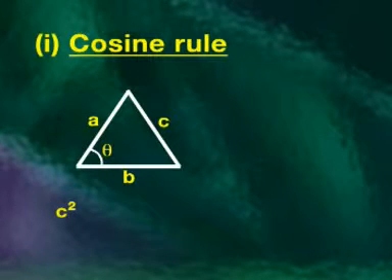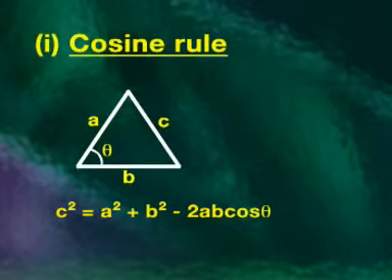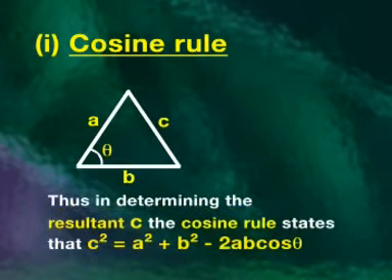C squared equals A squared plus B squared minus 2AB cos theta. That is, in determining the resultant C, the cosine rule states that C squared equals A squared plus B squared minus 2AB cos theta.